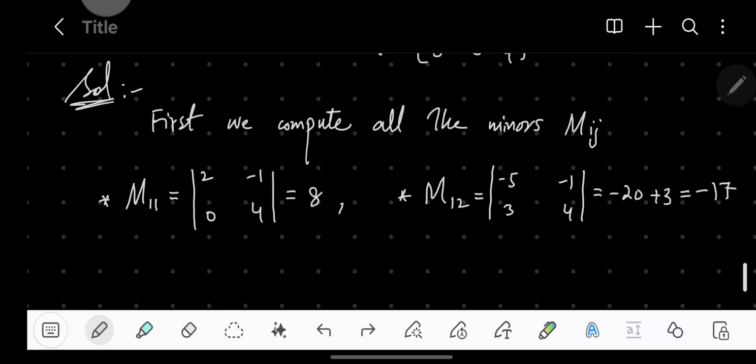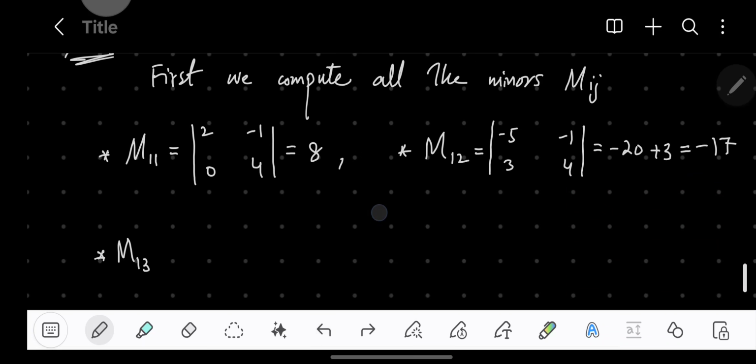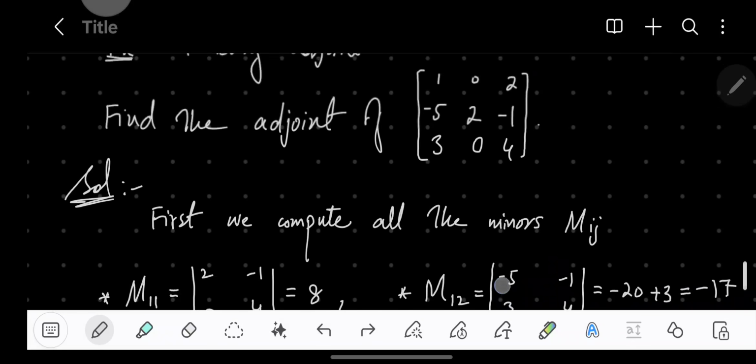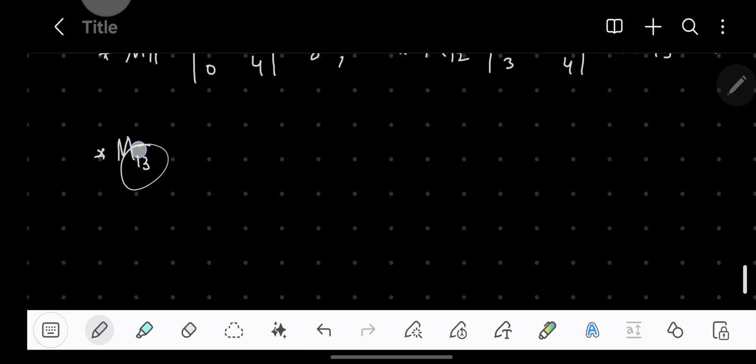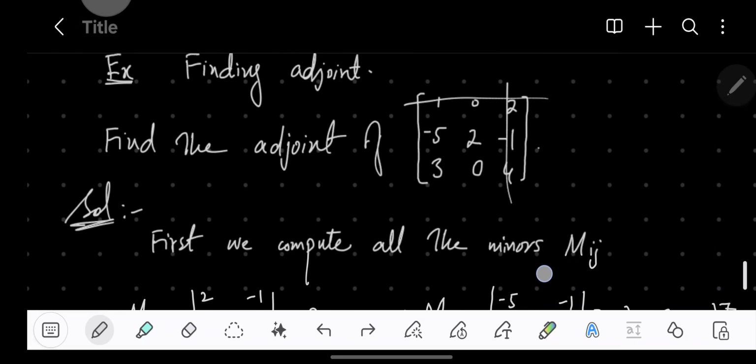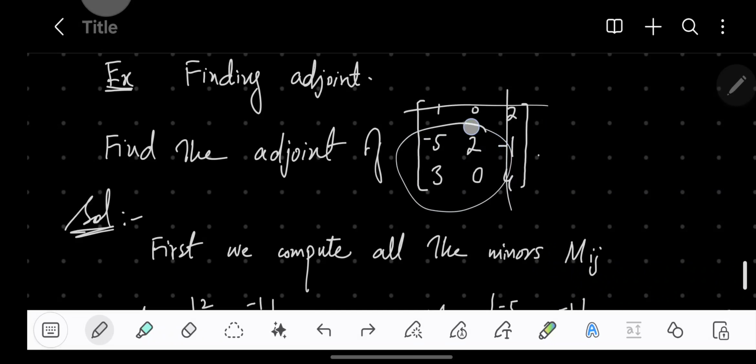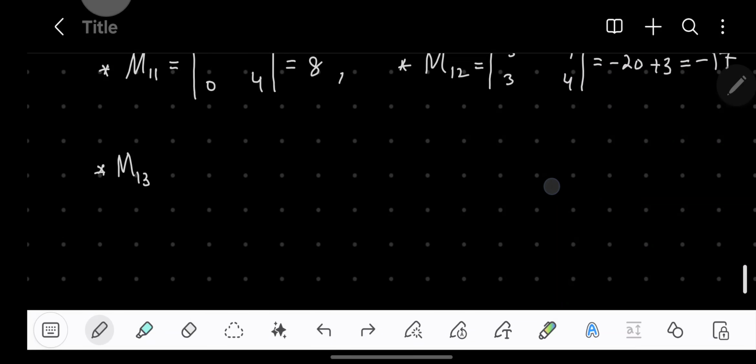Next we have M13. In order to find M13, I will again delete the first row and the third column. This is the submatrix whose determinant is to be found here.